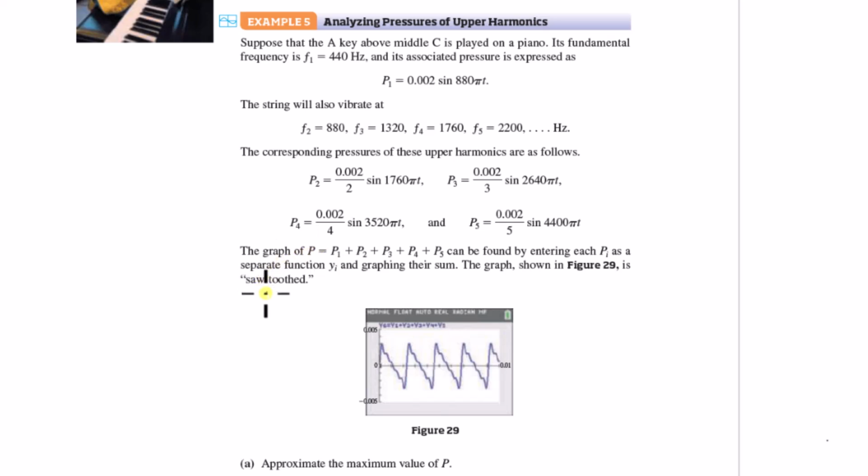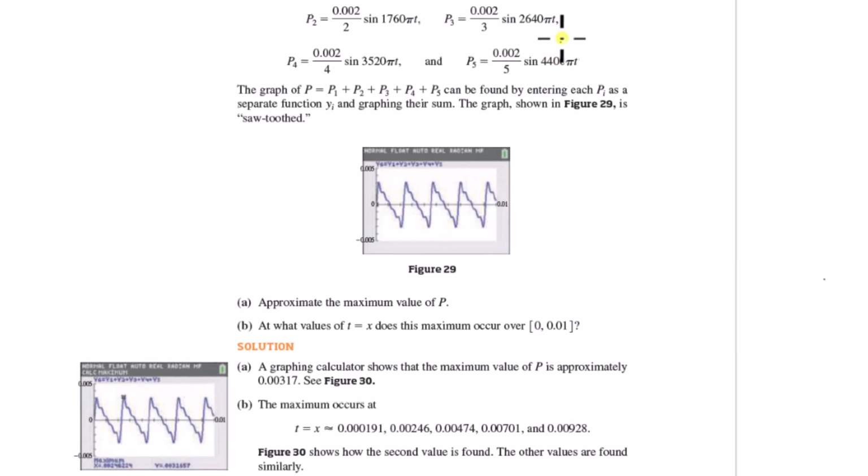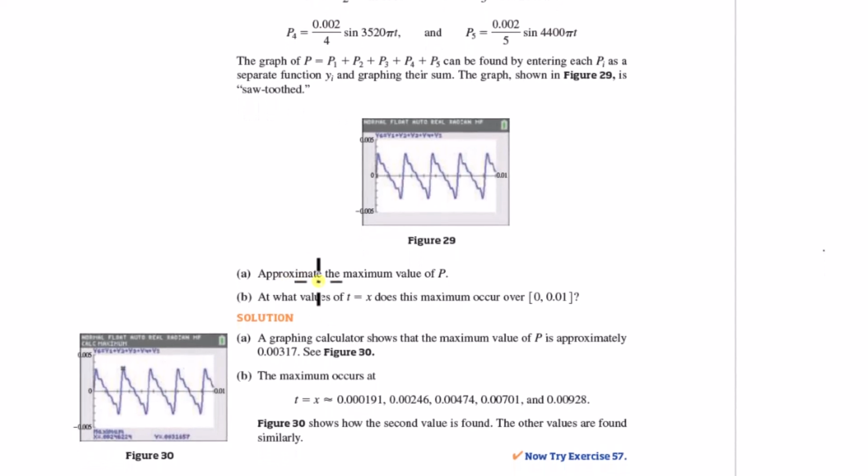The graph of P is equal to P1. The sum of all of these can be found by entering each P1 as a separate function and graphing their sum. The graph is shown here. It's the sawtooth periodic wave, but it's the sum of all of these different sinusoids. Approximate the maximum value of P.